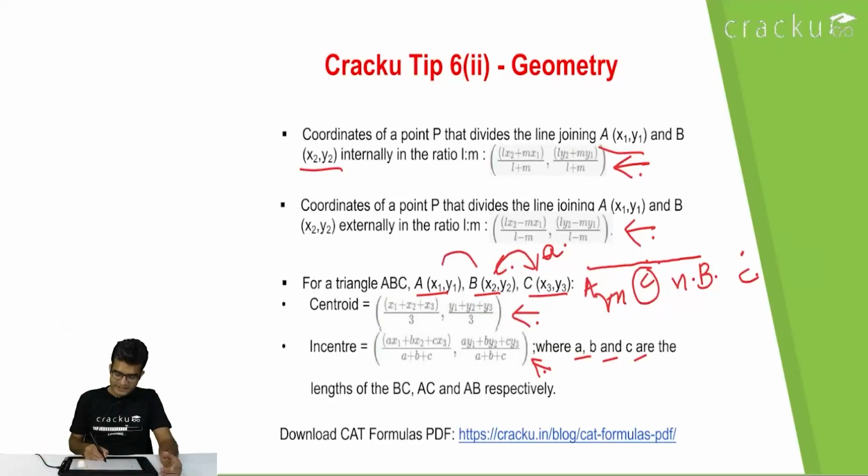If you calculate the distance between the points A and B, we will get the length of the side c. And similarly, if you calculate the distance between A and C, we will get the length of the side b. So we have to first calculate the lengths of a, b and c and then use them in the formulae to get the incenter of the triangle. This is not so often asked, but centroid is an important formula. It can be asked many times. Let us now look at the next slide.